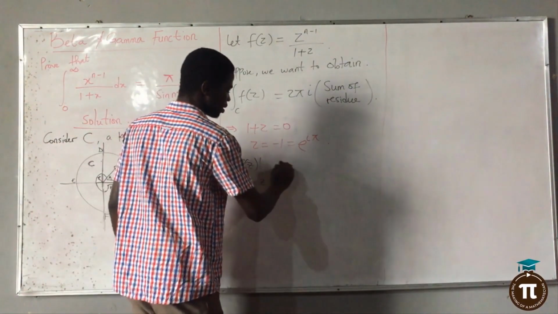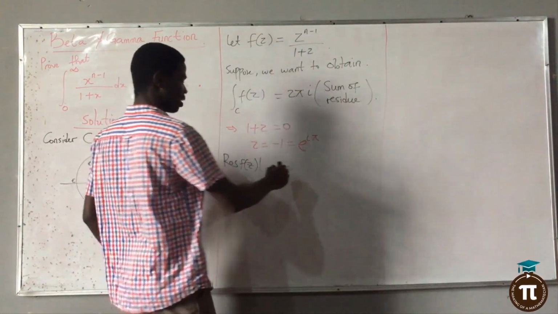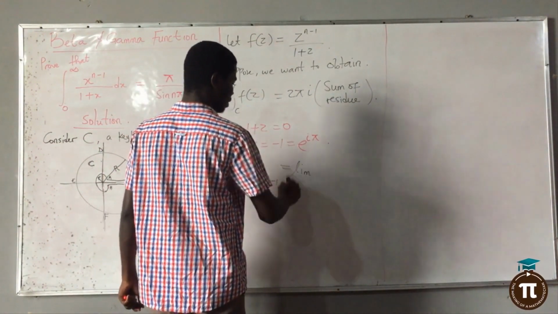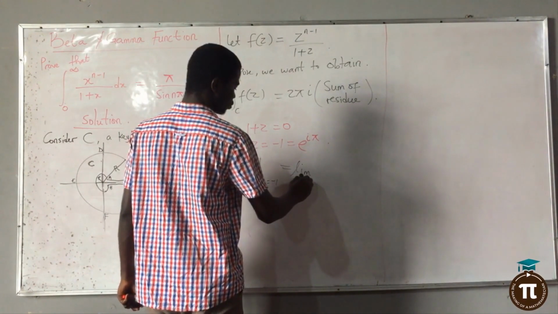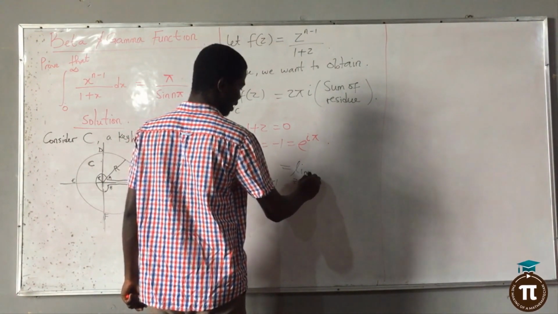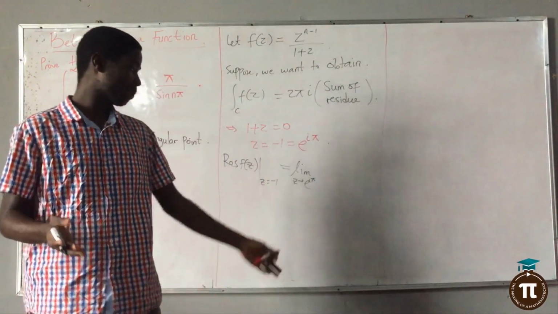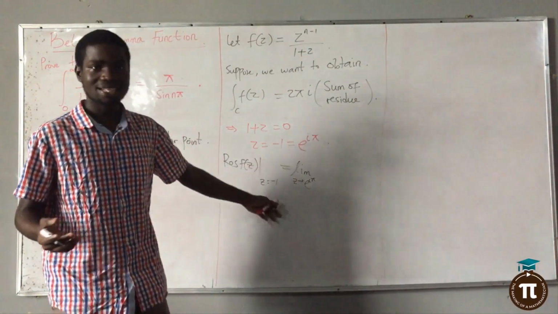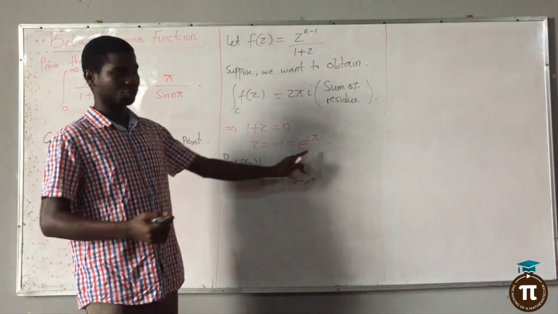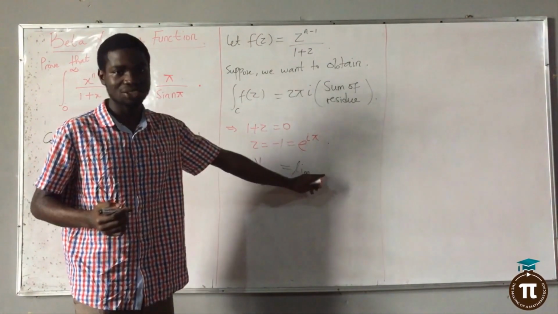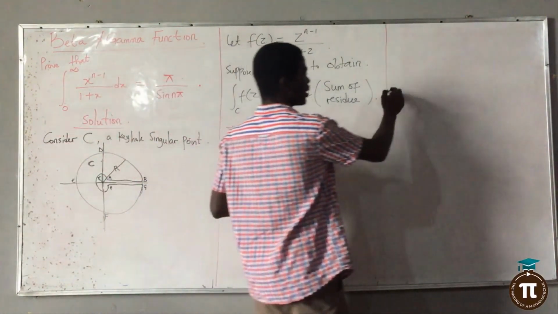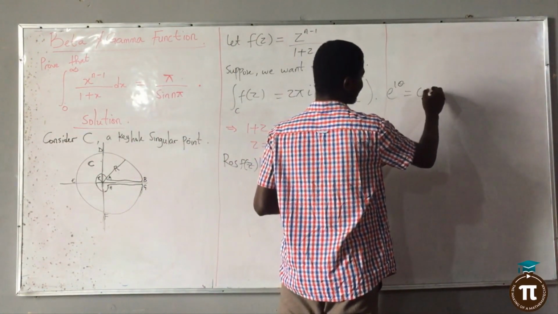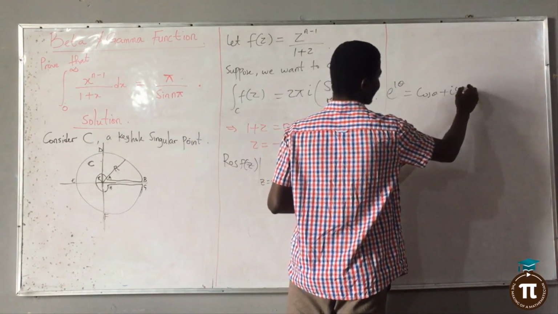Don't forget, this will be equal to the limit as z goes to e raised to the power of i pi, because e raised to the power of i pi is the same as -1, as I've shown you here. This is from the elementary: e raised to the power i theta is cos theta plus i sine theta.